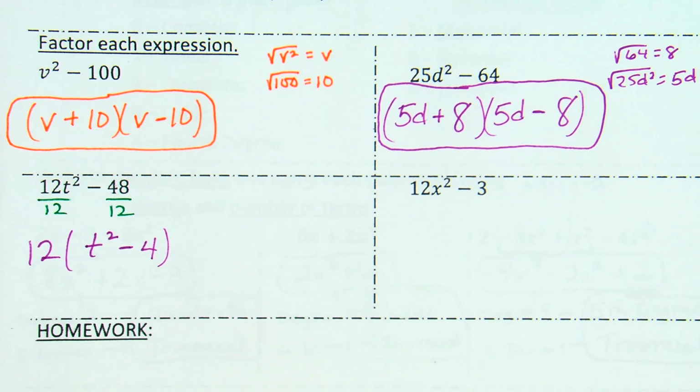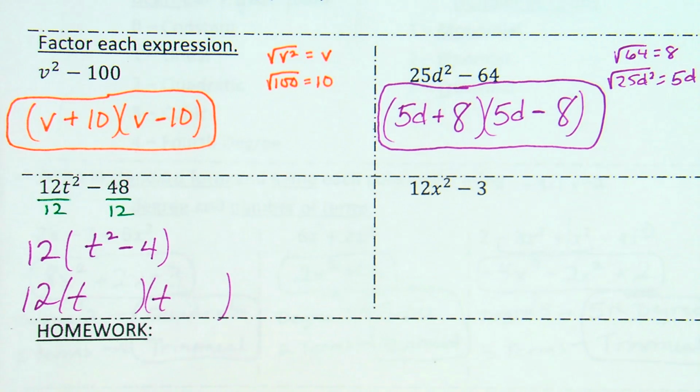Yeah. So now we can factor into our two parentheses with opposite signs. Now what am I going to say about the 12? Carry it down. Don't lose it. Okay. T squared is going to break into t and t. What about 4?